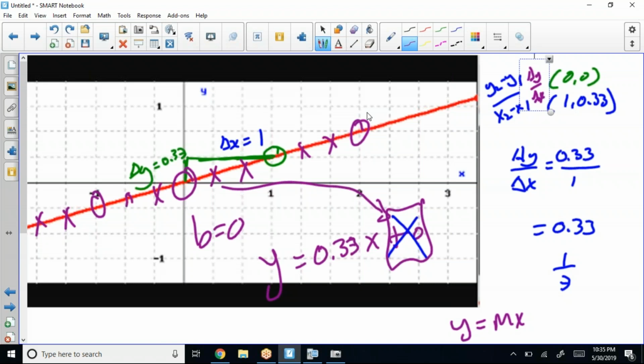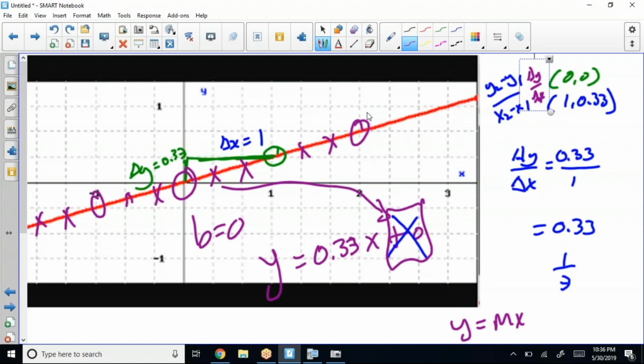So I typically find the point on the y-axis and then start moving up the line or down the line to find another grid point where it crosses perfectly on the grid, and then just calculate slope from there. Yeah, most people, it just depends on how long it's been since you've done slope.